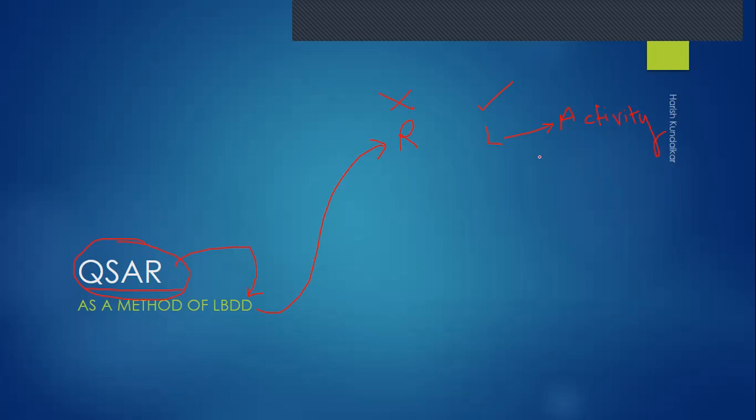If we are using MIC values or IC50 values, those values can be predicted. So it is a very accurate method of predicting the activity values, and that is the reason why QSAR is very widely used. From amongst the different types of QSAR, 3D QSAR is the most widely used method.